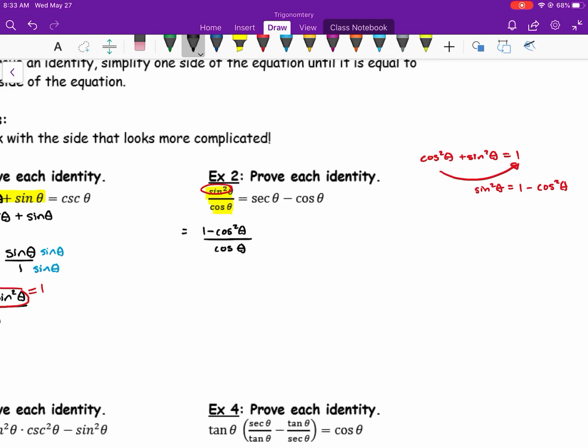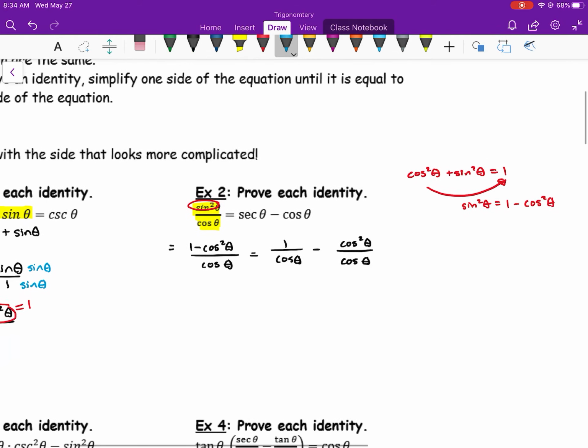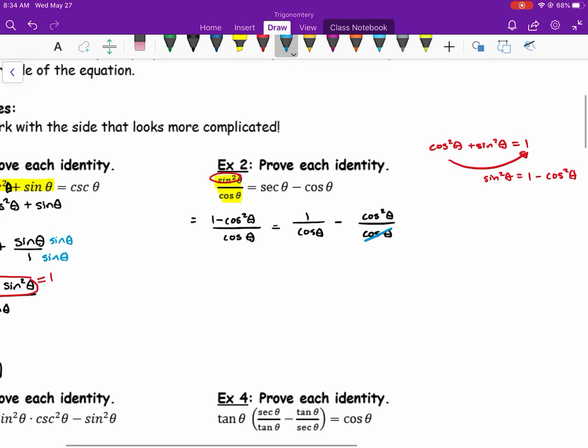Now I want to break this up into 2 fractions. Pull it apart, 1 over cosine theta minus cosine squared of theta over cosine theta. These cosines will simplify.